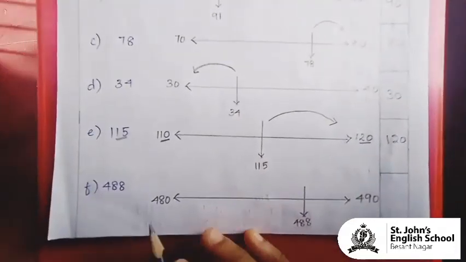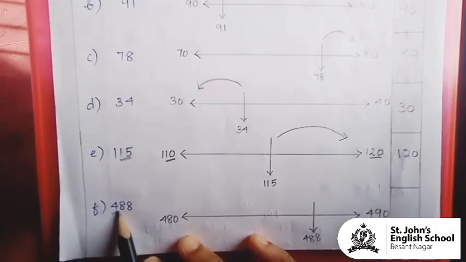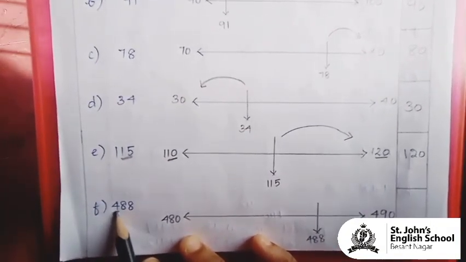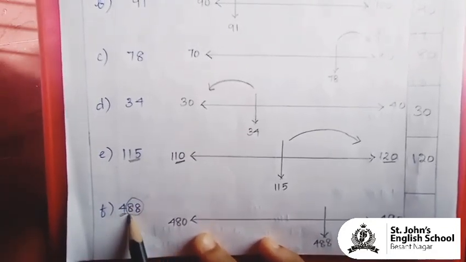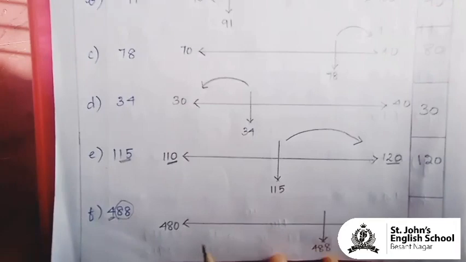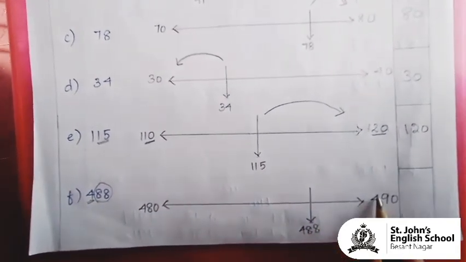The next sum, 488. 400. This 4 stays in the hundreds place. So only this 88 is there in the tens place. So 88 is between 80 and 90.